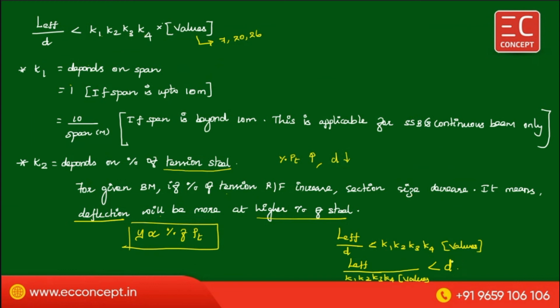The D value will decrease. Meaning what? K2 increases. If K2 increases, then D decreases. So D decreases, meaning the deflection will be more at a higher percentage of steel.